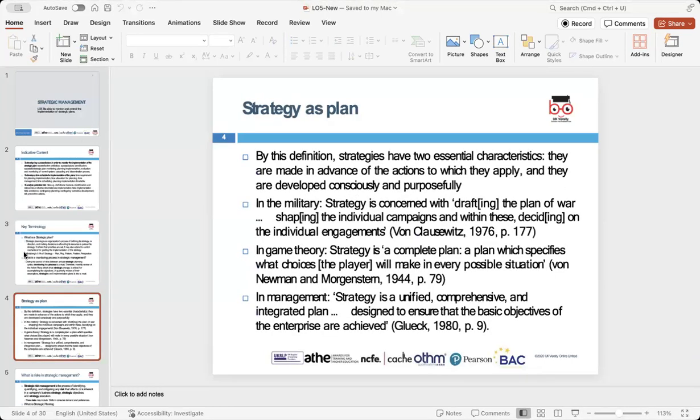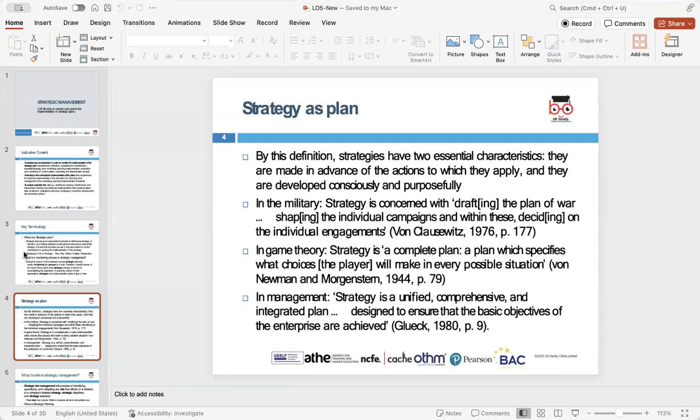Strategy as a plan. A strategy in its simplest form is a plan. This definition suggests that strategies are developed consciously and purposefully in advance of the actions they are meant to guide. This forward-looking nature is essential for any organization aiming to achieve long-term objectives.